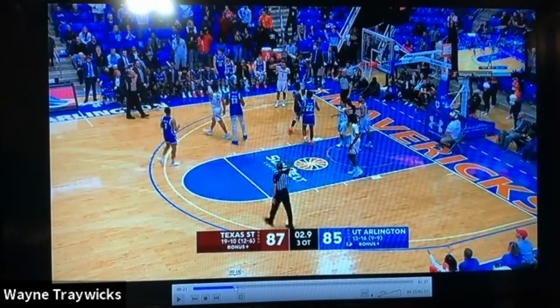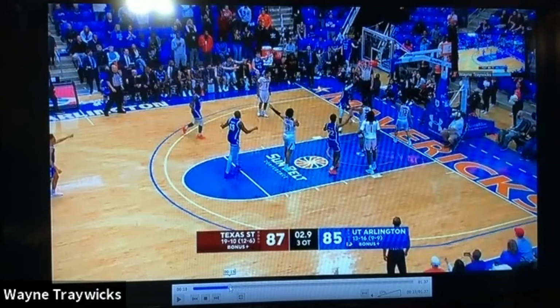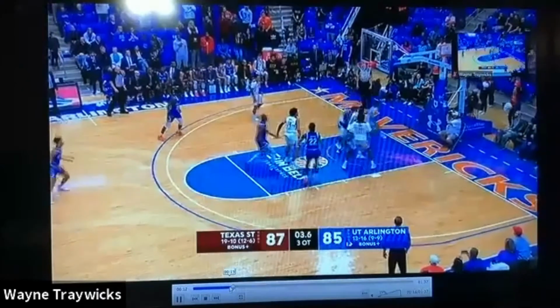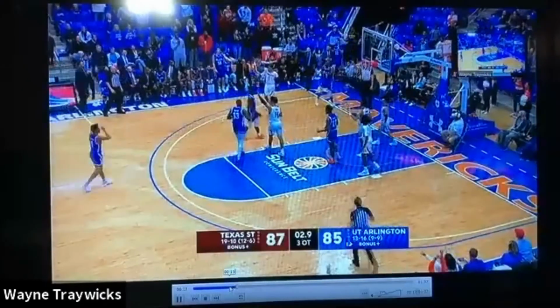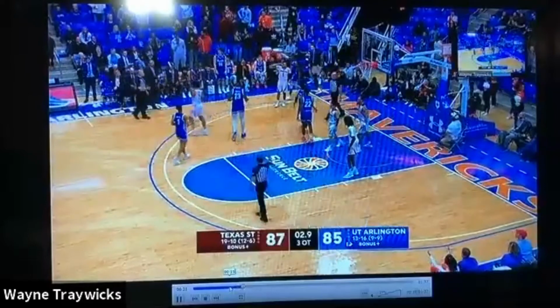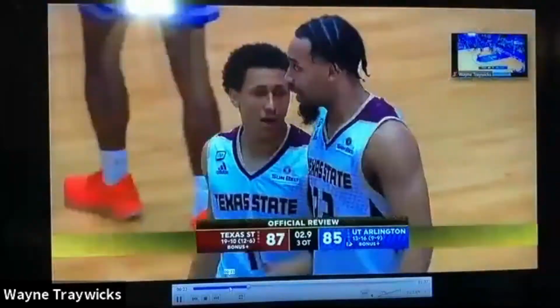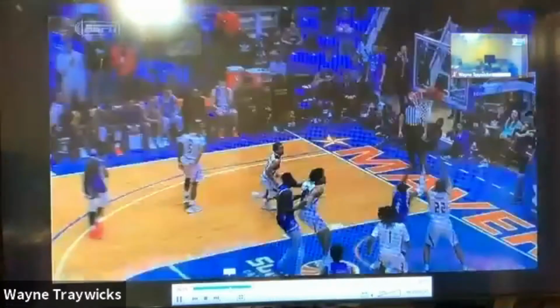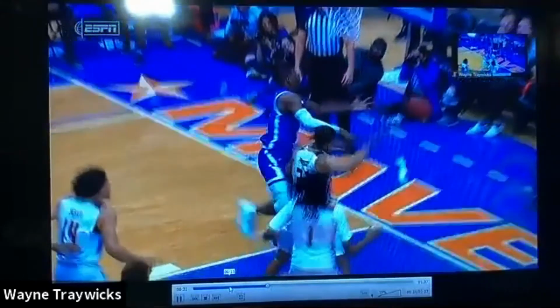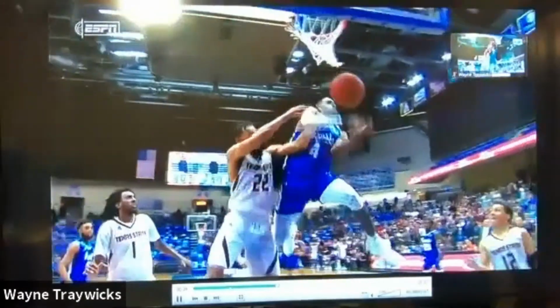He's pretty adamant that it's their ball, and he would be because they're down 2, right? But rule-wise, we can't do anything about that. I'm just pointing that out because it basically gives the ball back to Texas State. They're up 2. They've got 2.9 seconds, and it hurts UT Arlington.